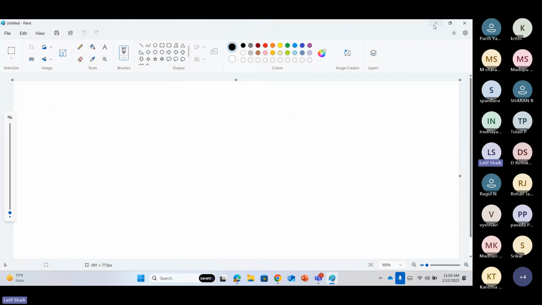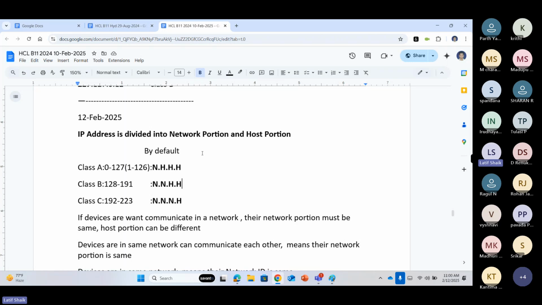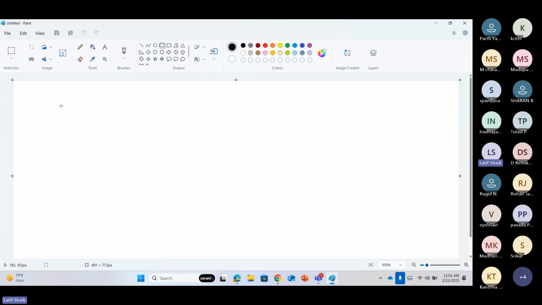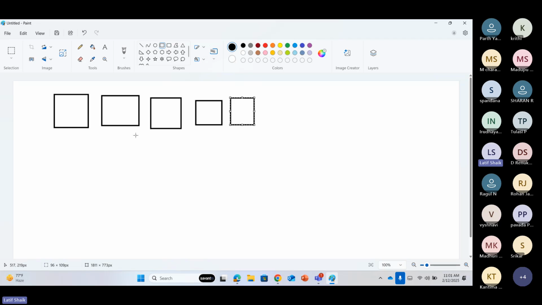Okay. Now, how do these things work? By default, if you are using an IPv4 address, the first portion of the IP address is the network and the remaining become the host portion. For example, you have devices connected together and you configure an IP address from the class A range.